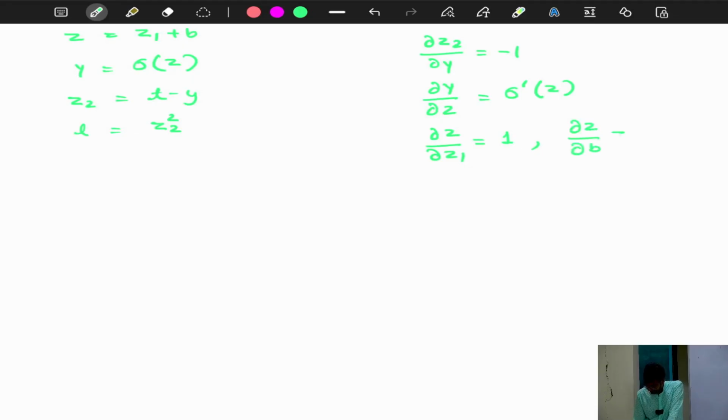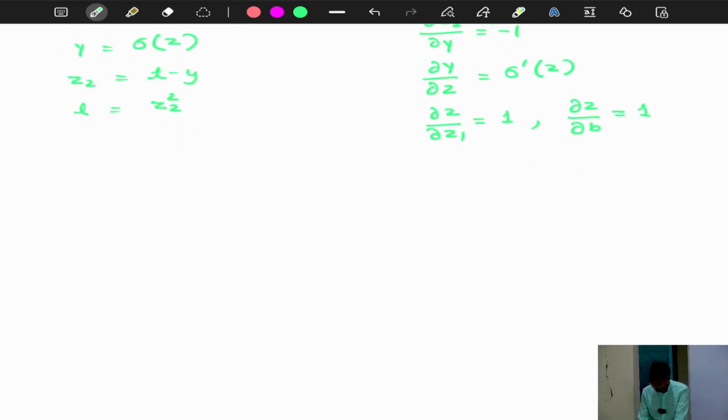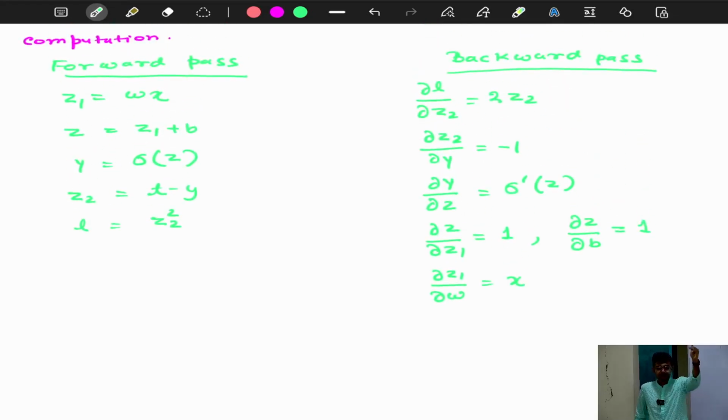So, I am writing side by side, is equal to 1, and lastly del z1 by del w, which is equal to x, right. So, you calculate these derivatives in steps, and now you can follow the path because of the chain rule, multiply them, everything gets calculated only once, just do the product and that will give you the gradient, right.